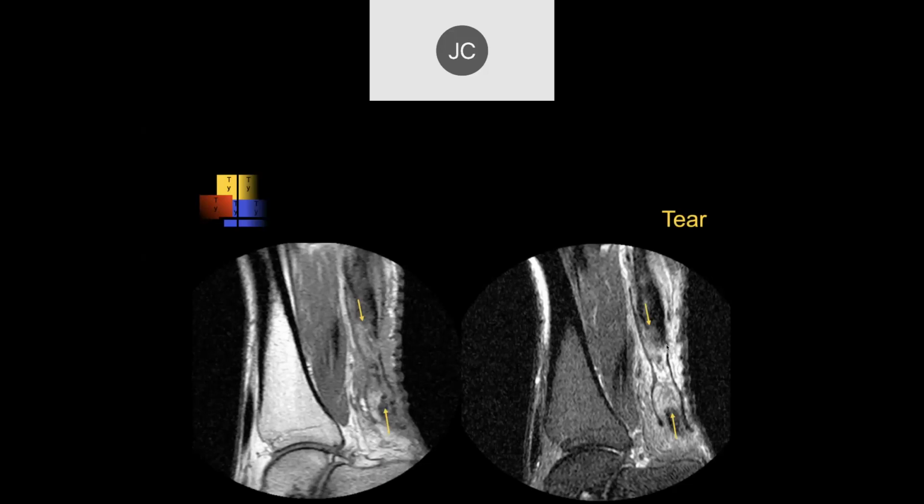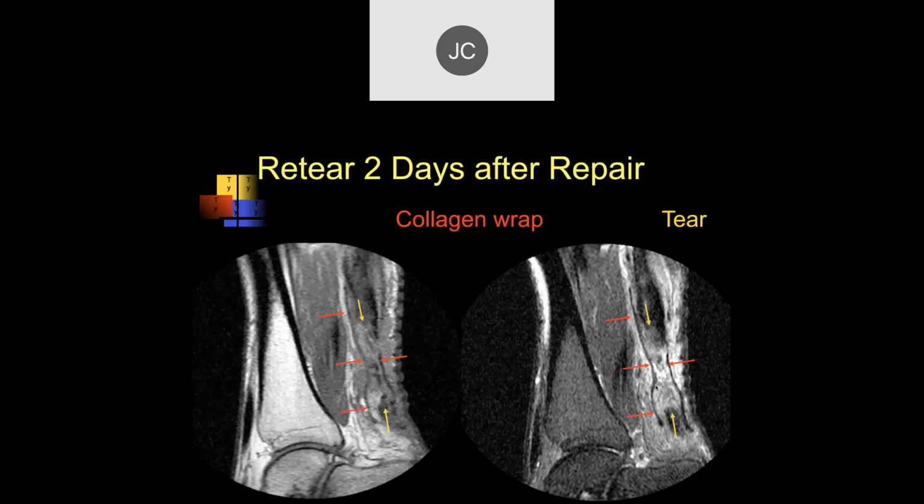Here we can see that this is torn, and this is actually the collagen wrap around the tendon. But what happened, this patient had surgery. A couple of weeks after surgery, re-injured the tendon, tore the tendon, it retracted, but the collagen wrap is still in place here, but it's not really protecting the tendon.